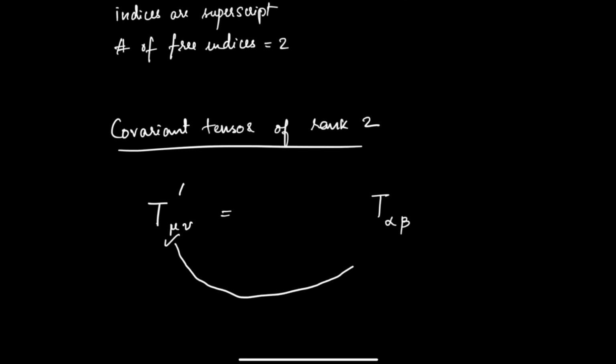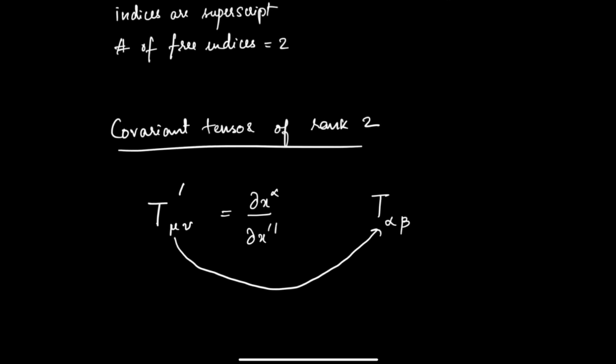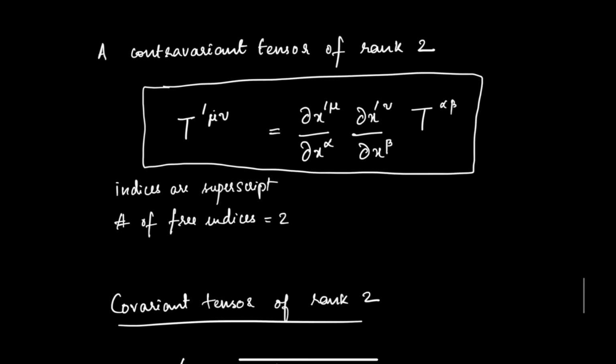Mu is going to alpha and nu is going to beta, right? So first I'll write for mu going to alpha. The transformation will be partial derivative of x alpha with respect to x prime mu. So here this mu is appearing in the denominator because it is covariant. In the last case, mu is in the numerator because it is contravariant.